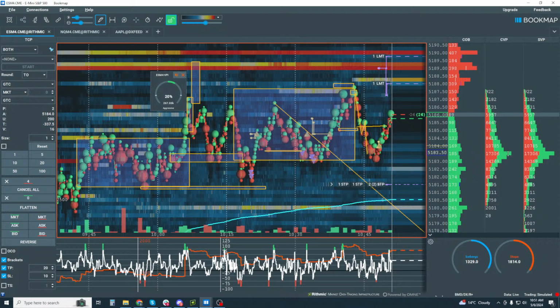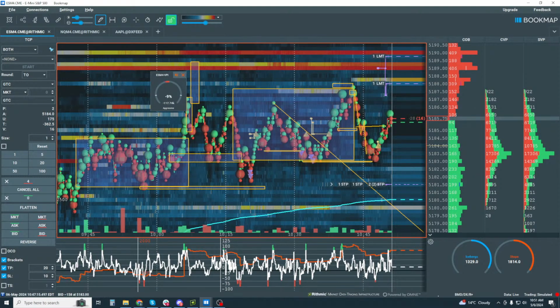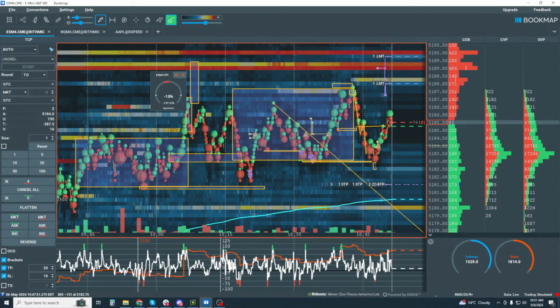You know, the profile trading and auction process can really work well with this idea that we trade down to here, and maybe it just peeks its head below here, and it totally rejects. And we look for buyers to come back in.